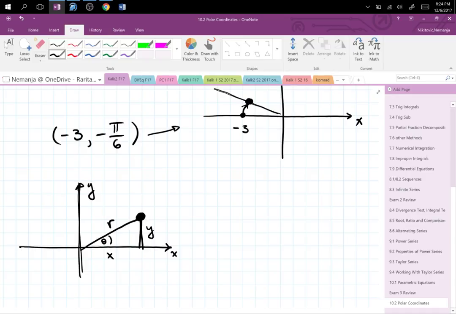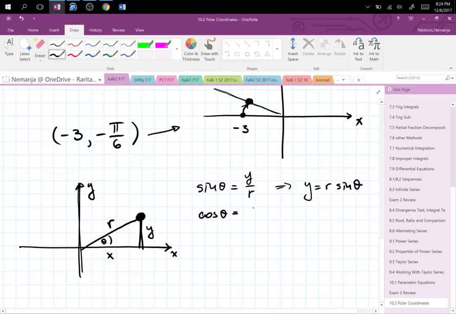So the first formula I'm going to write is sine theta. Clearly, sine theta is y over r, from where I can write y is equal to r sine theta. The next formula is cosine theta, naturally, which is x over r, which is x equals r cosine theta.